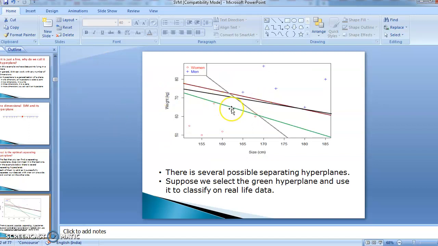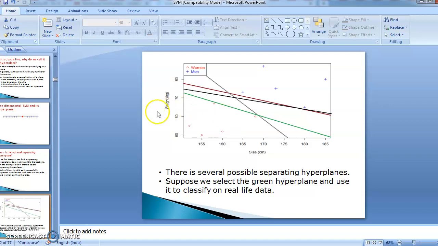See this diagram. There are different options to divide the points into two classes. We can draw a line like this, or like this, or this. But what will be the exact hyperplane which divides any data point into the correct class? That's why the concept is hyperplane and margin.